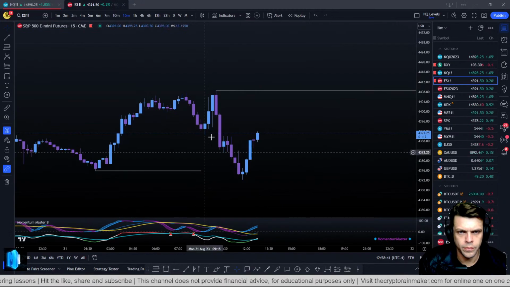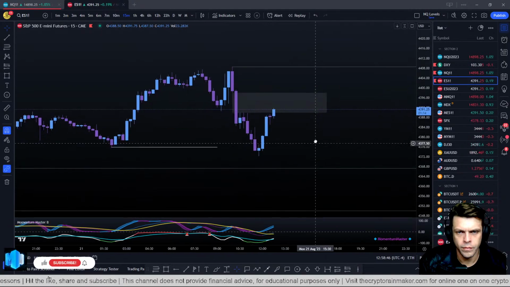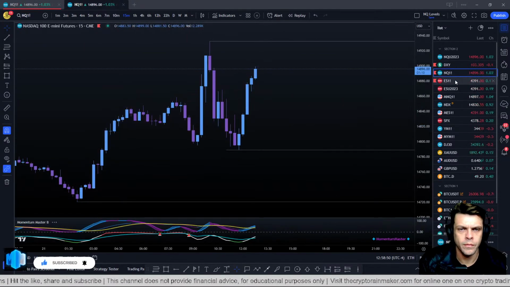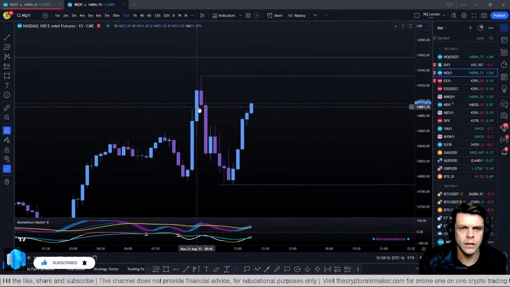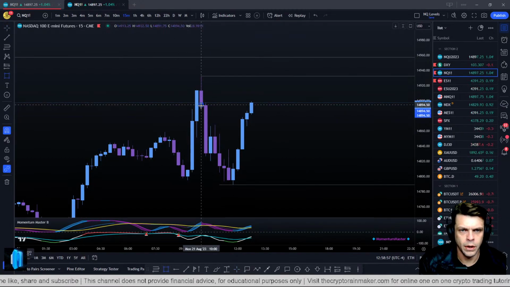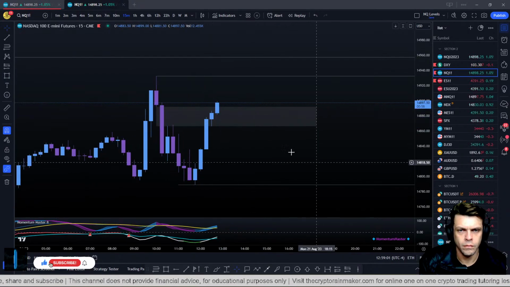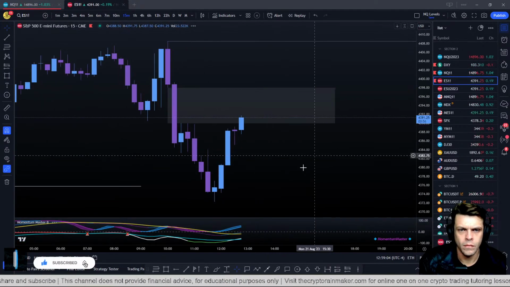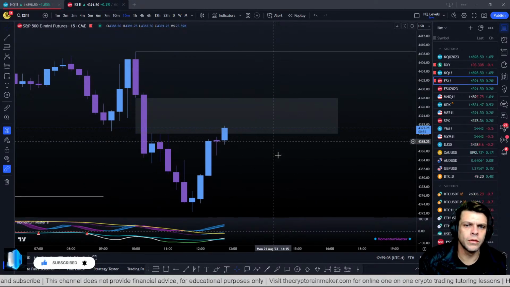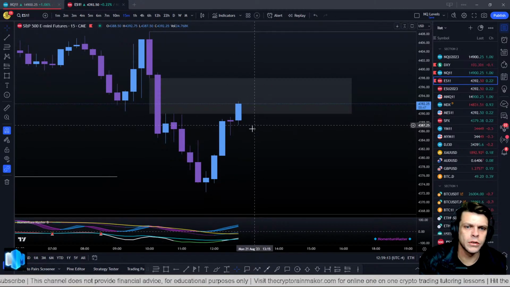All right, let's have a look at the 15-minute. Okay, so fair value gap right here. Another smaller one right there. See, the Nasdaq is already pushing past the bearish fair value gap that it had. Yes, it's still trying to fight, but this could be an inversion fair value gap because the move into this fair value gap is bullish.